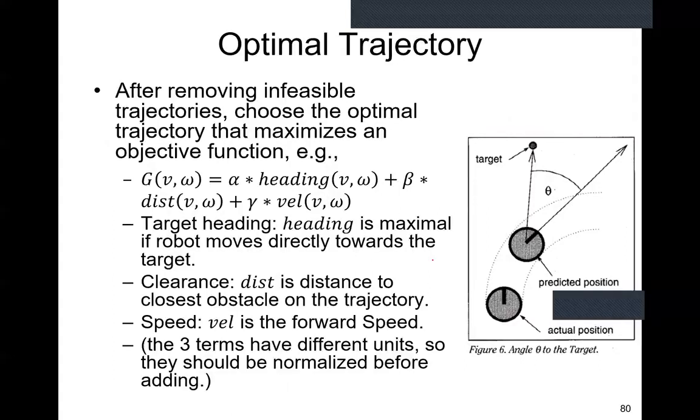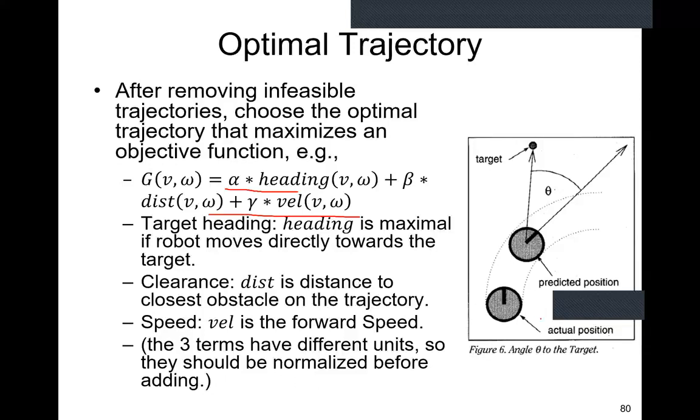Then you can choose a trajectory from among the feasible trajectories, that is, from within the white area, by maximizing an objective function. Maybe one defined like this. Heading is maximum if the robot moves directly towards the target.